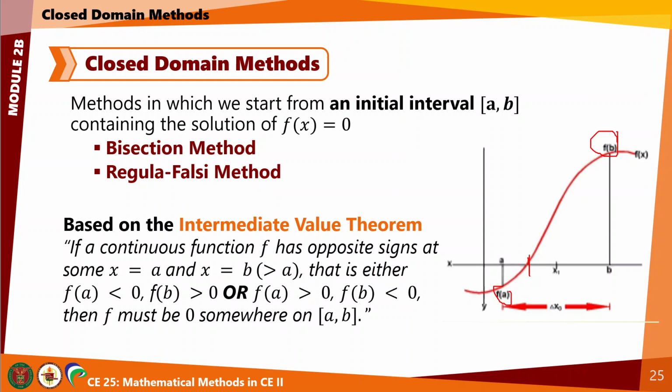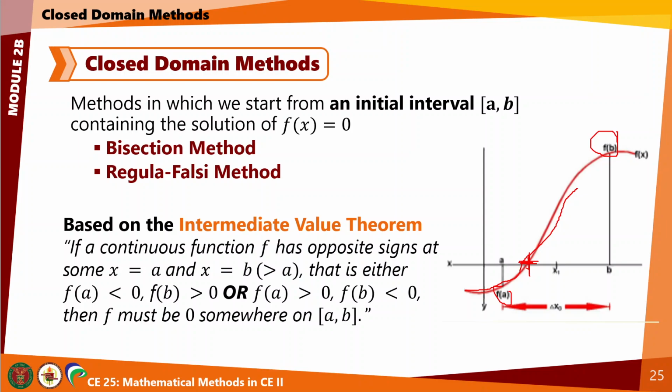Kasi paano ba mag-move yung curve natin from a negative value ng function papunta sa positive value? Kailangan niya mag-cross sa 0, okay, or sa x-axis. Okay, meaning, if we are sure na yung function natin is continuous within that interval, meron tayong root. Okay? I-demonstrate natin yan sa examples.